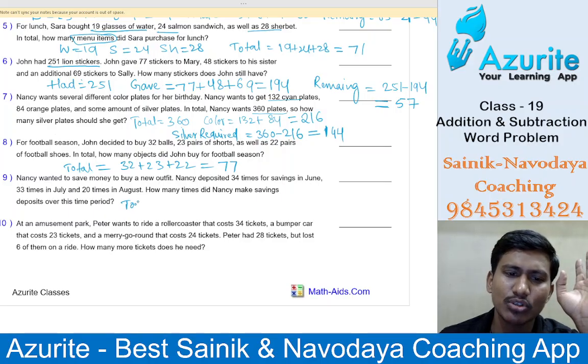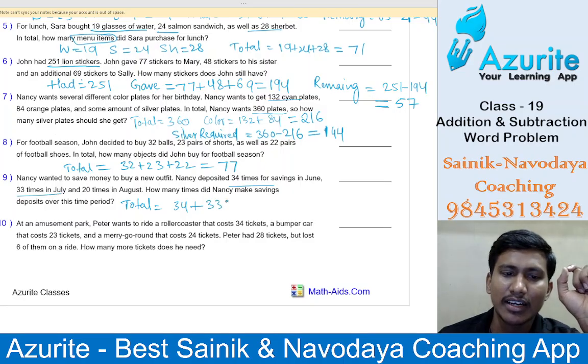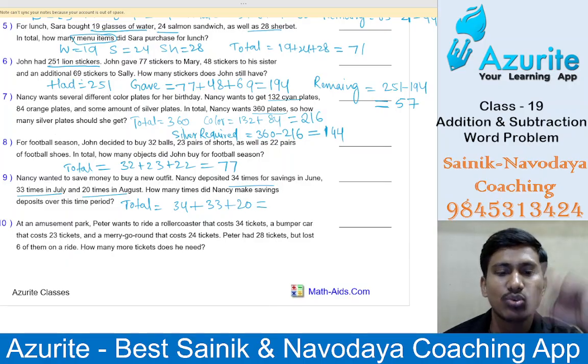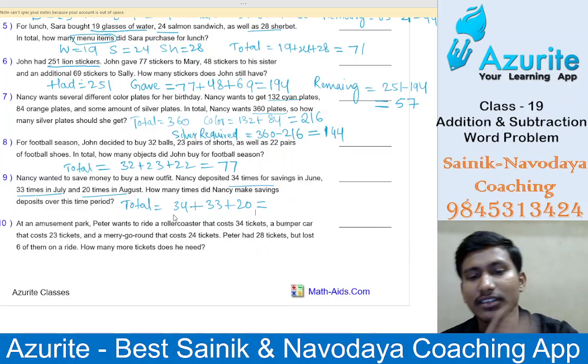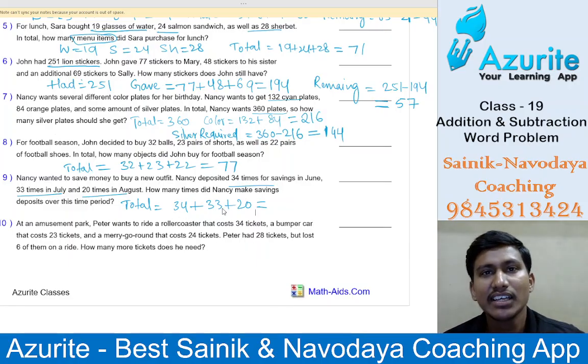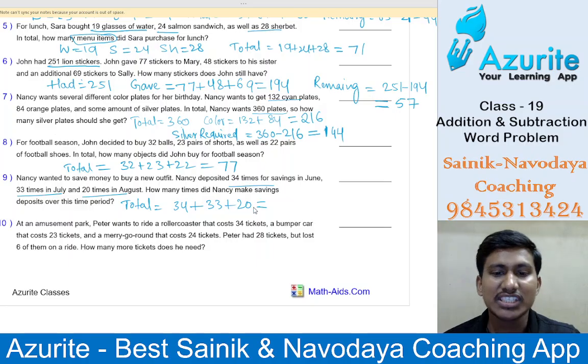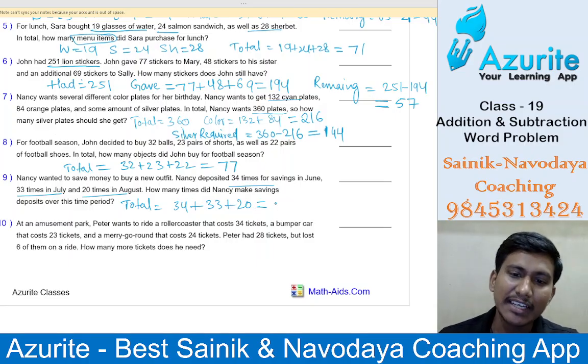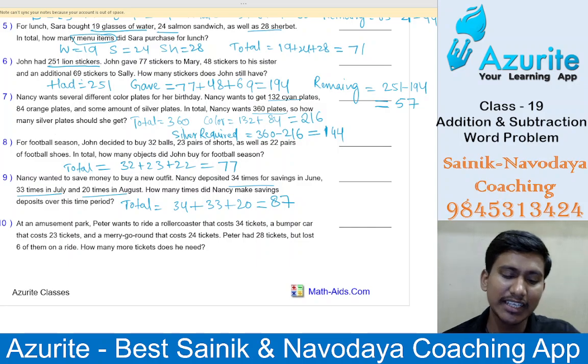That is 34 times here and then 33 times in July and then 20 times in August. Add all. So what answer will come? 34 plus 33 is 67, plus 20. That will be 87 times. That will be 87.